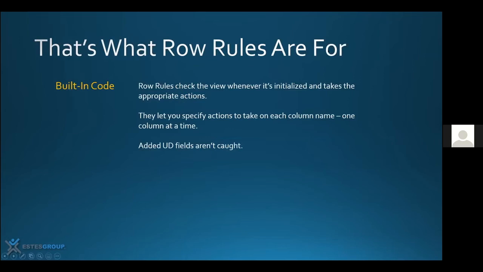And row rules are really what this was made for, this kind of situation where you set a condition, and depending on the condition, you affect the display in one way or another, whether you highlight the field or you disable it or some other action.